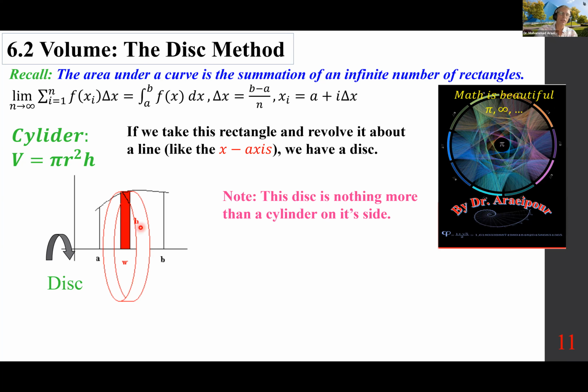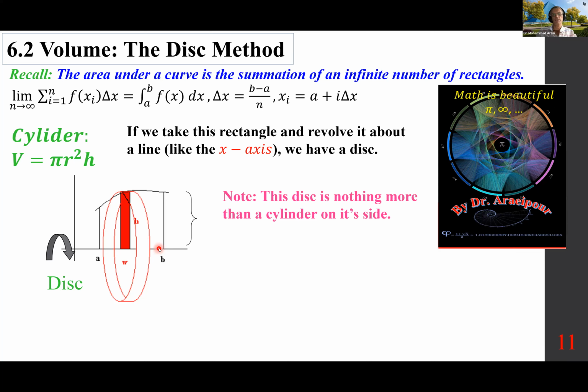So it's a cylindrical shape. This is the height, which is the radius, we call the radius. This thickness, or in this case, the width, or dx.